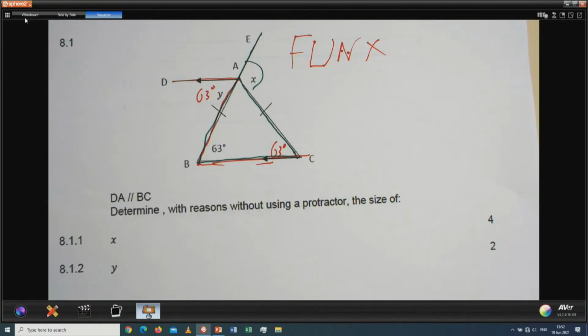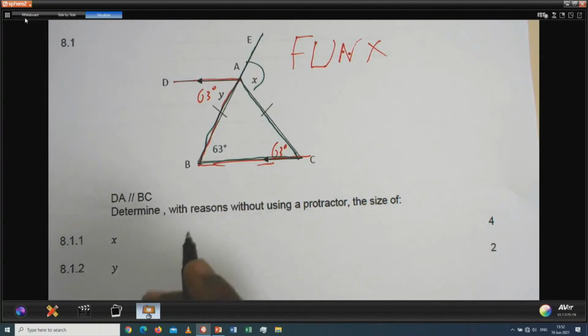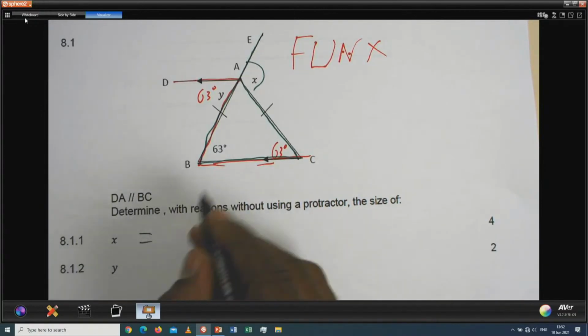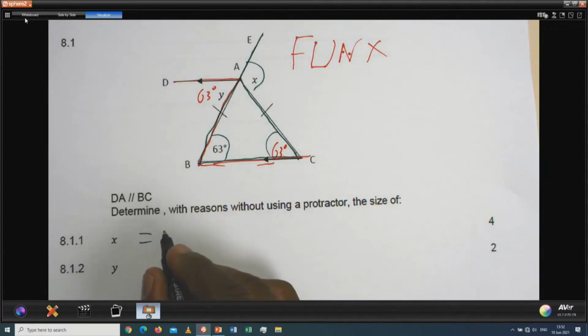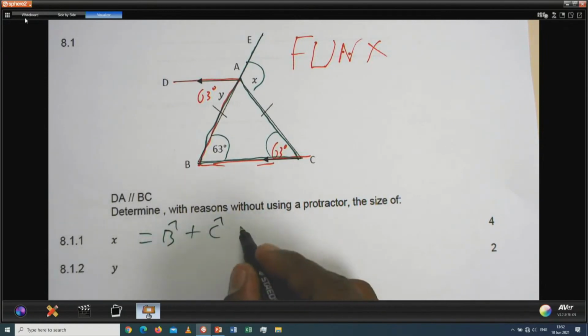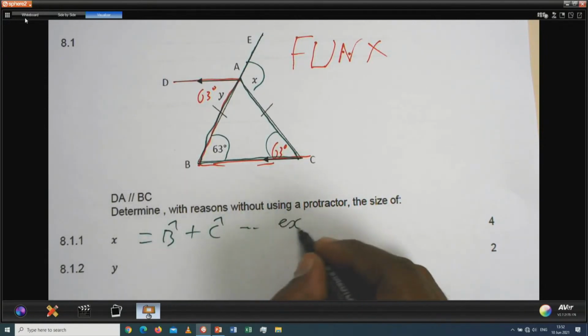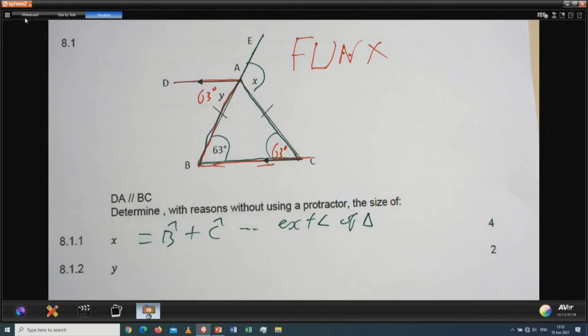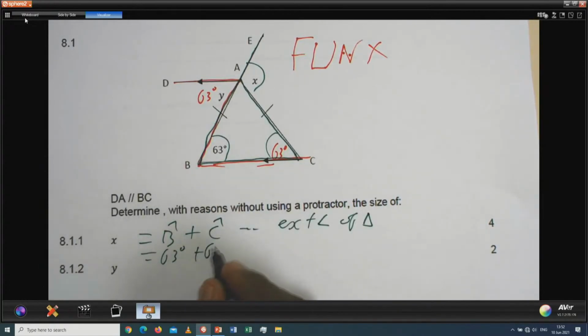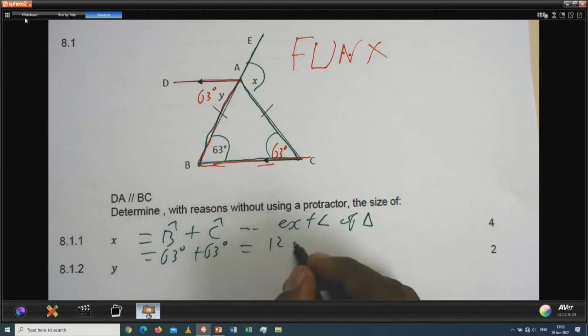X is an exterior angle. Therefore, X is equals to this angle plus this angle. Angle B plus angle C. The reason, exterior angle of a triangle. But what is B? 63. What is C? 63. Therefore, X is equals to 126.